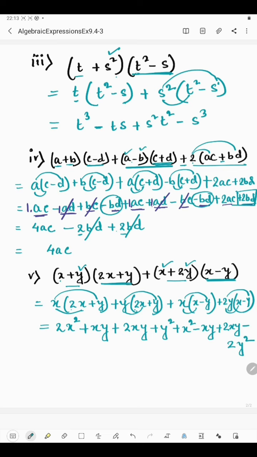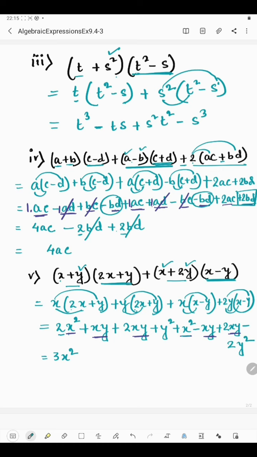Now we'll check the like terms present over here. So at first we have x square. So here x square is here, right? So that means 2x square and here is 1x square. So 2 plus 1 is 3. So it will be 3x square. Okay. Now next we have xy. So here is xy, here is xy, here is also xy and here is also xy, right?